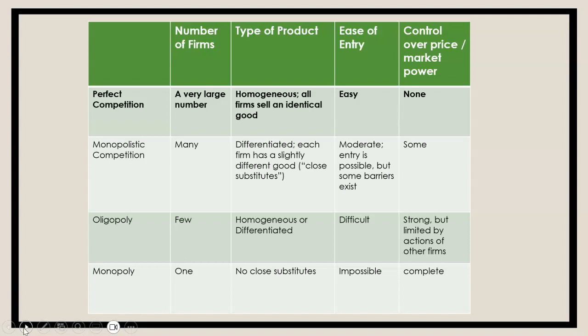Now you might see already how in my previous example, we're already starting to use the entries in the different columns. One of the reasons that all those farmers at the farmer's market couldn't vary the price of their tomatoes is basically one stall's tomatoes were pretty much like every other stall's tomatoes. They were homogeneous, so the firms didn't have a lot of market power.